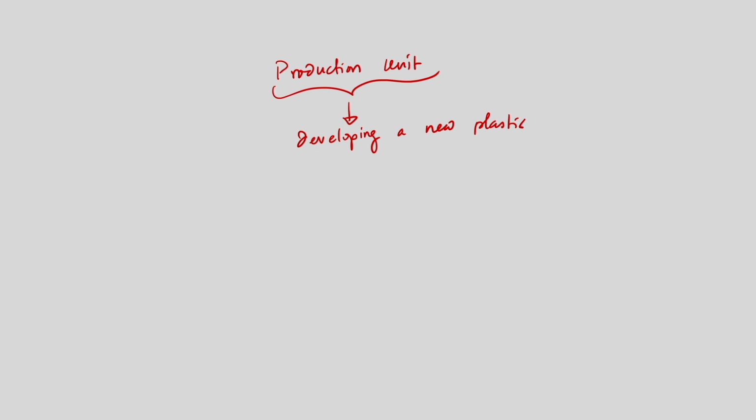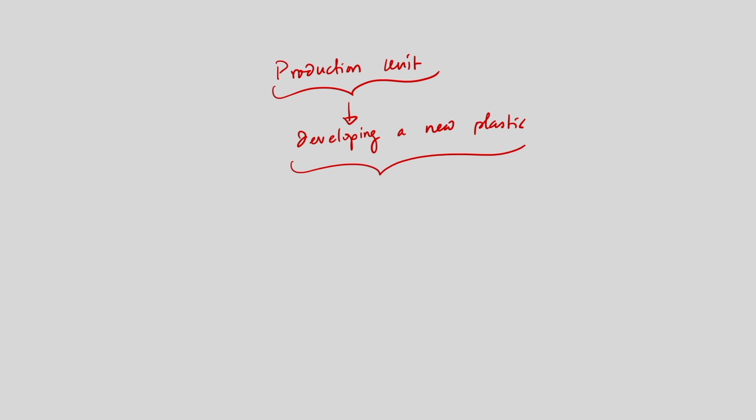When a particular product is developed from a manufacturing unit, then this new plastic is produced from the plant. Why are we now trying to develop a new plastic?